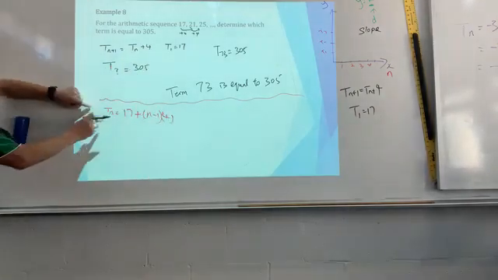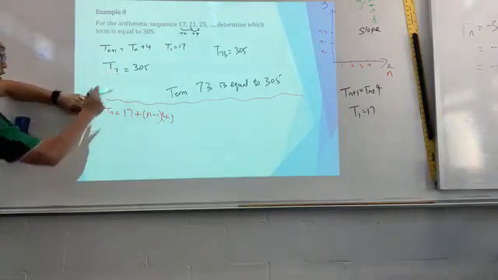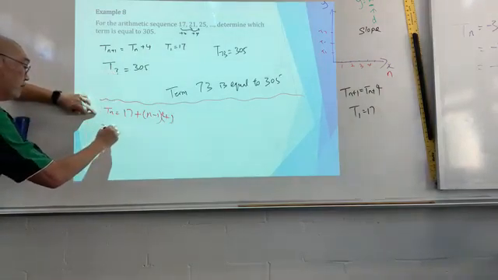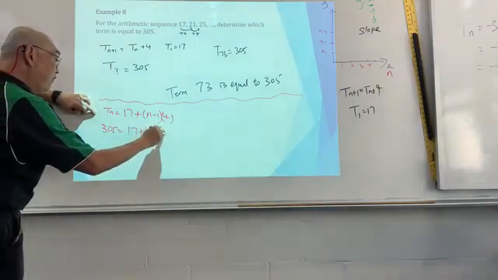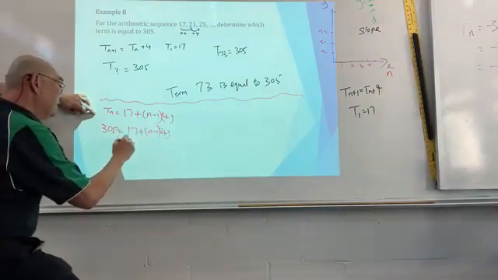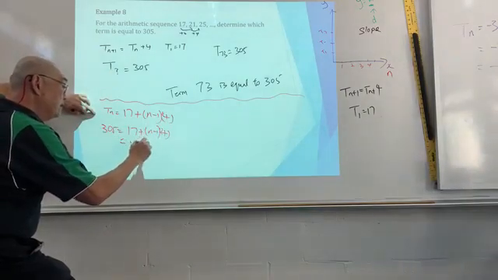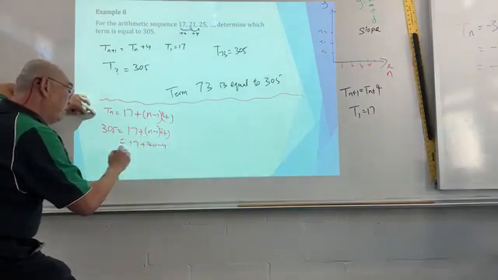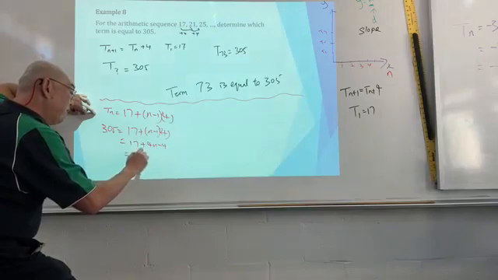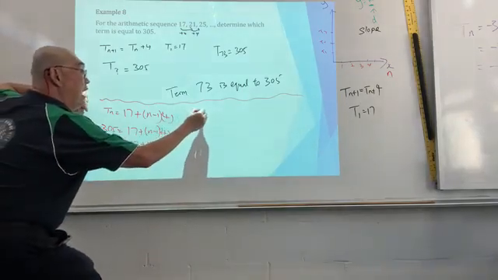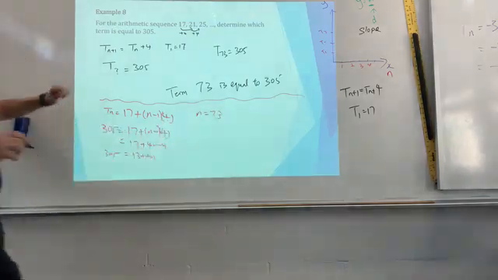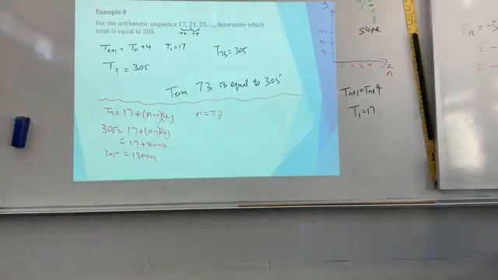Alright? So you know 305 equals 17 plus n minus 1 times 4, which is 17 plus 4n minus 4, which is 13 plus 4n. Alright, solving that, n is equal to 73. Alright, you must be able to solve some linear equation if this is in a calculator free section.